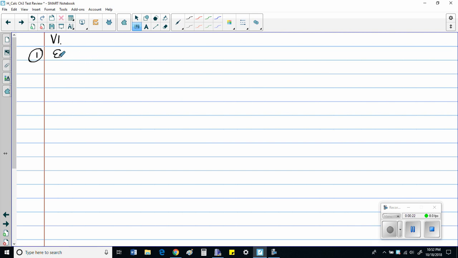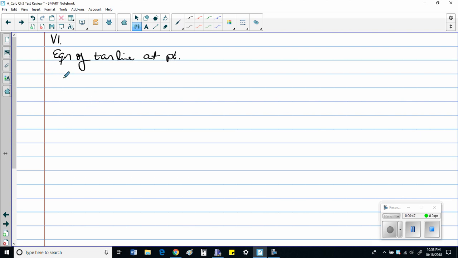Okay, so we want the equation of the tangent line at a point. Notice you've already found the function, I mean the derivative.